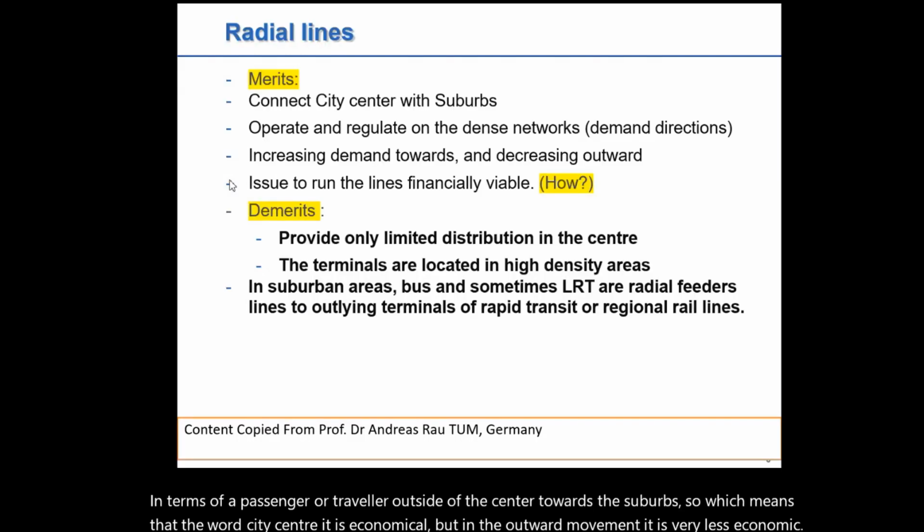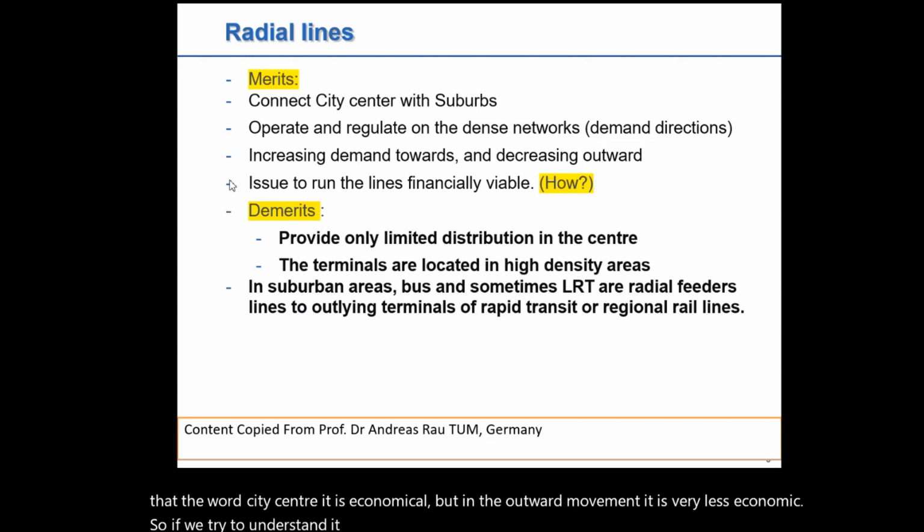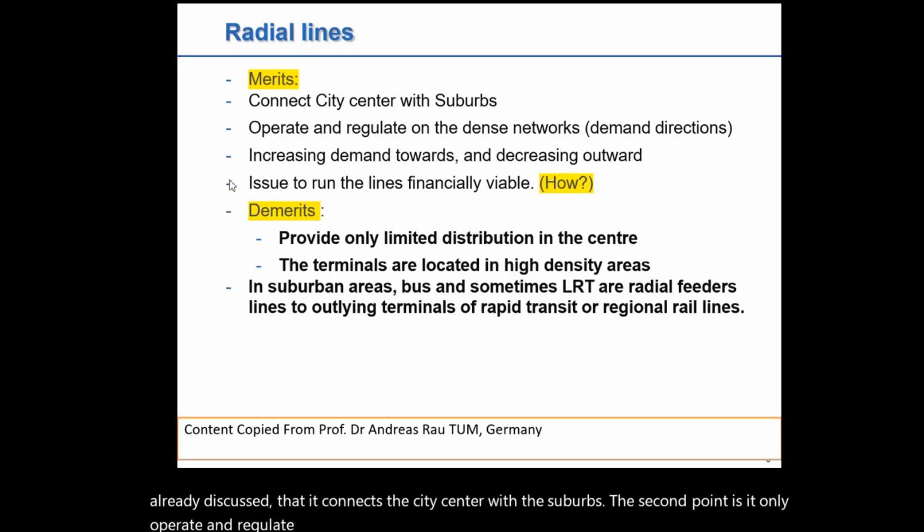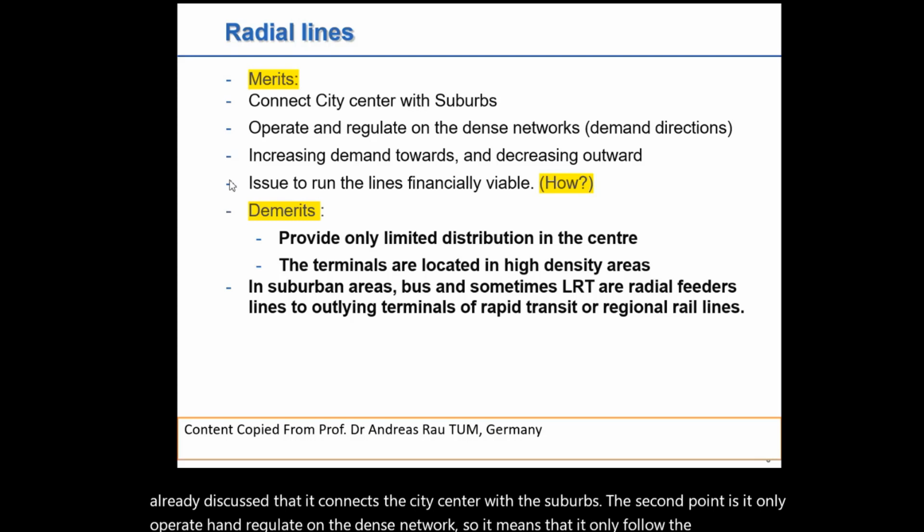If we try to understand its merits and demerits, the first point, which we already discussed, is that it connects the city center with the suburbs. The second point is it only operates and regulates on the dense network, so it only follows the major demand directions.